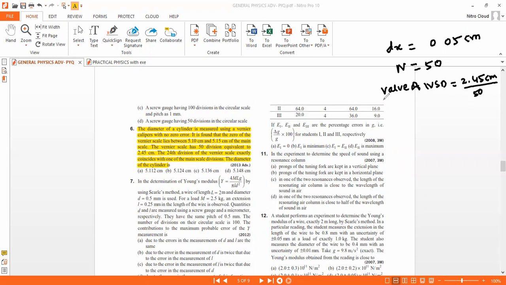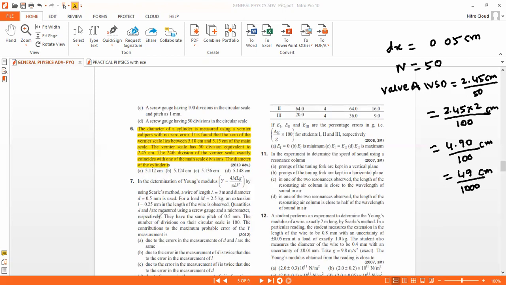Multiply and divide by 2: 2.45 into 2 by 100 centimeter, 4.90 by 100. That is value of one Vernier scale division is 49 by 1000 centimeter.